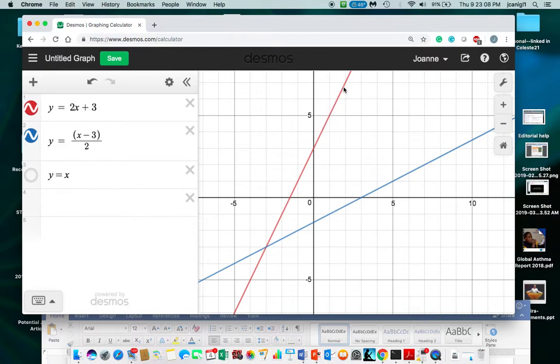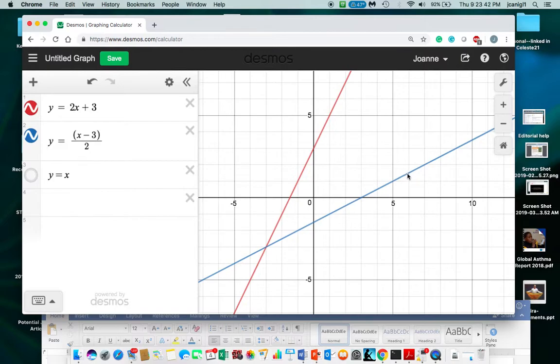Up 2 over 1 is the slope. You draw that line. In this other line, y is equal to the quantity x minus 3 divided by 2. Again, the y-intercept is going to be negative 3/2 or negative 1.5. You're going to go up 1 over 2, up 1 unit over 2 units.